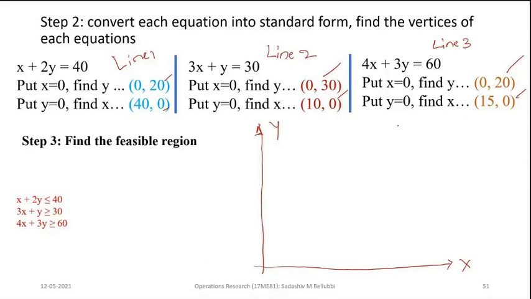We can take a scale of 1 centimeter equal to 5 units, so we mark 10, 20, 30, and 40.